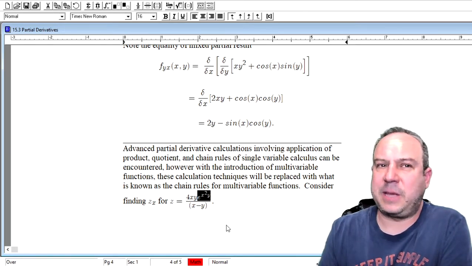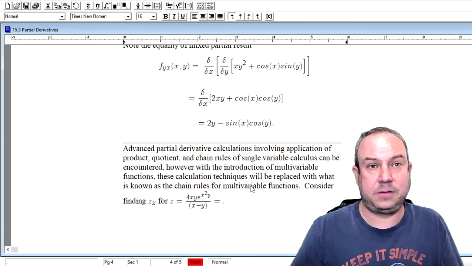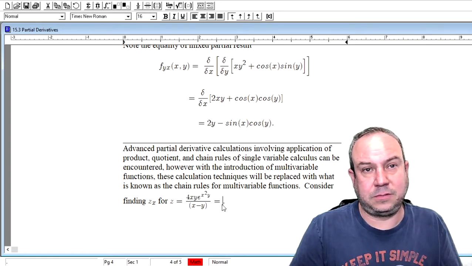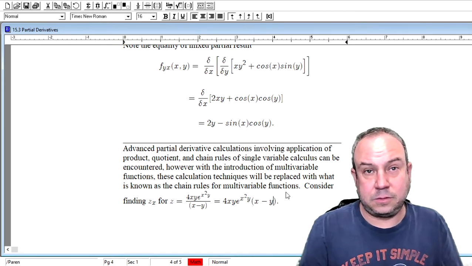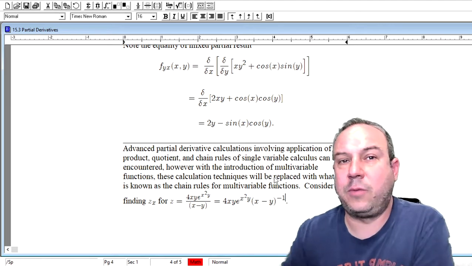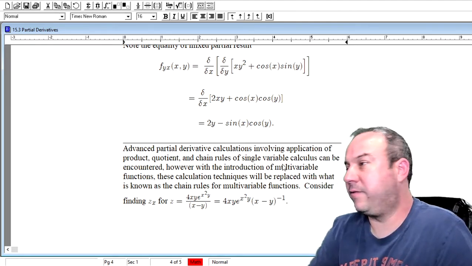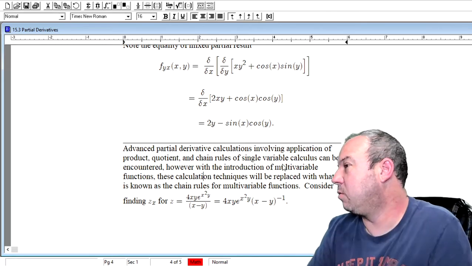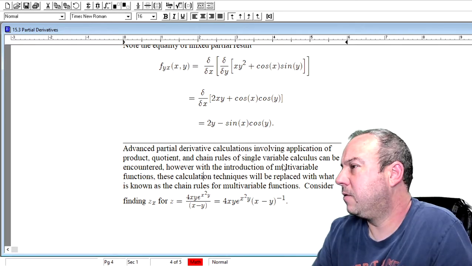Because keep in mind, you could also rewrite it with the negative one in there. You could write it as this. You could express your function this way and ditch the quotient rule for some mix-up and chain rule here, involving a little product and chain rule.